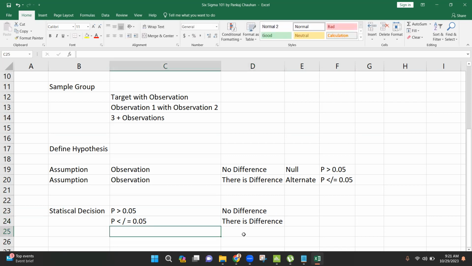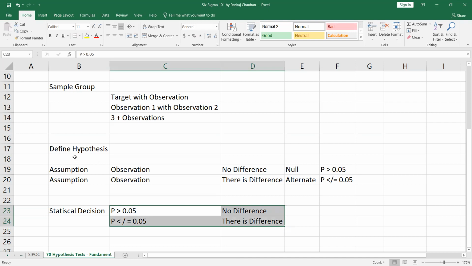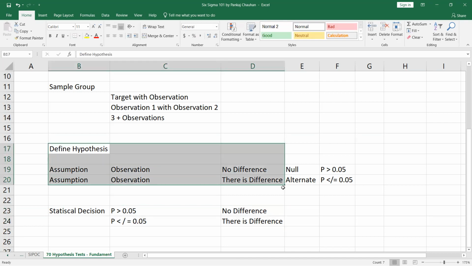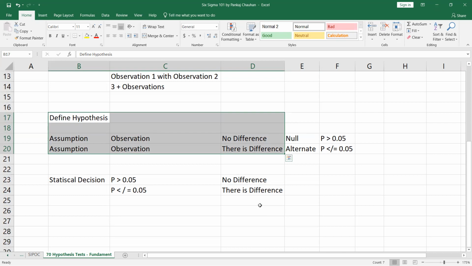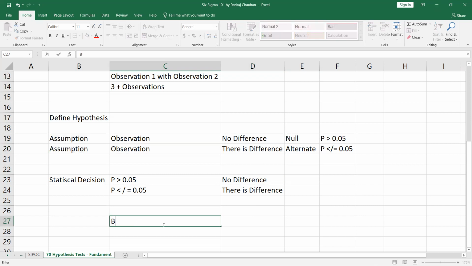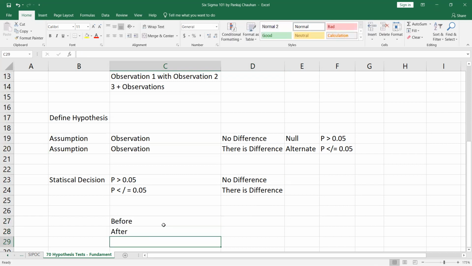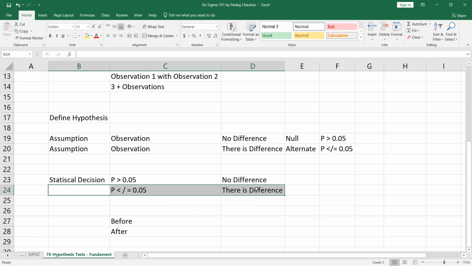Based on whether there is a difference or no difference, and since you have already defined the hypothesis, you will take your practical decision. Say you have made an improvement in the process and you are looking for before improvement versus after improvement to show a difference. You are looking for the improvement, so you are looking for the alternate hypothesis.